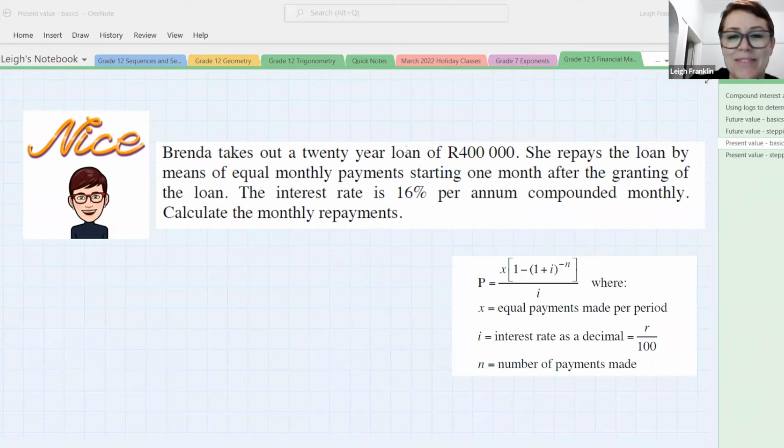So we need to calculate X. I'm going to let you guys do this one, and then we can talk about our answers. Give it a try. When you get an answer, you're welcome to share it in the chat with the rest of us.